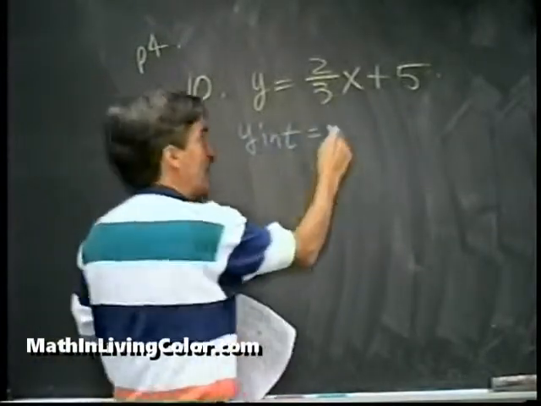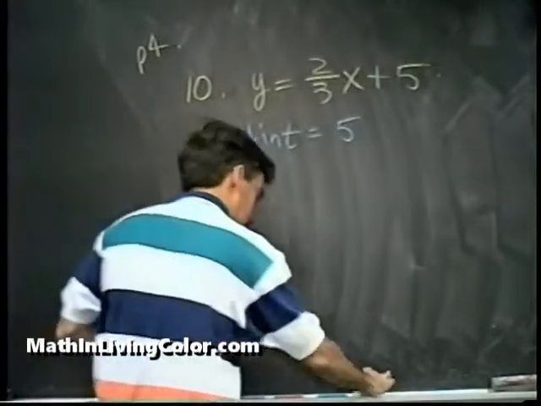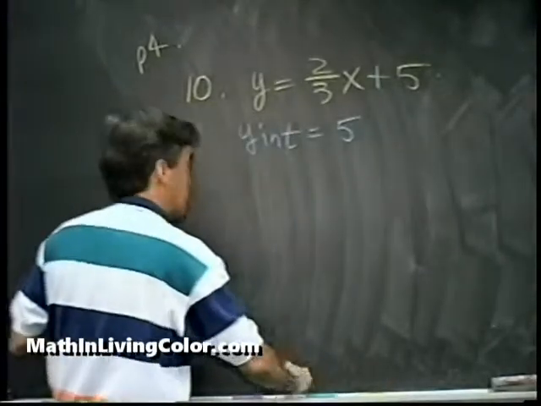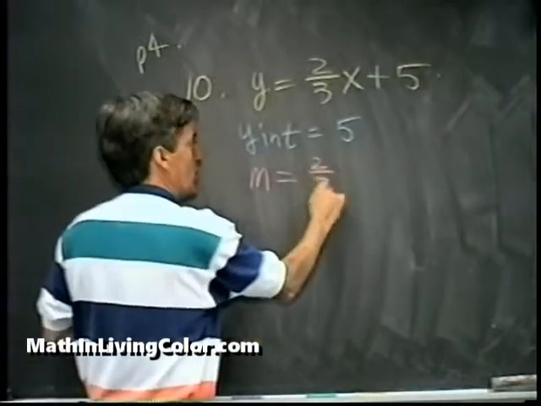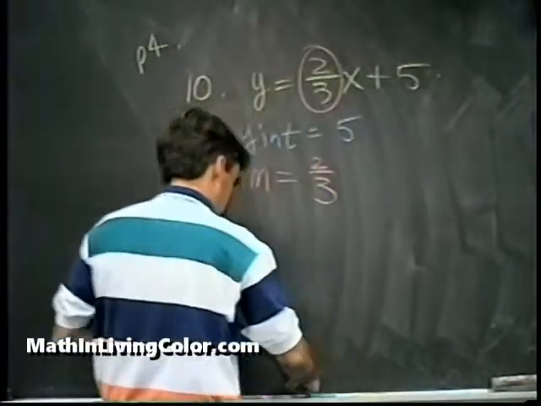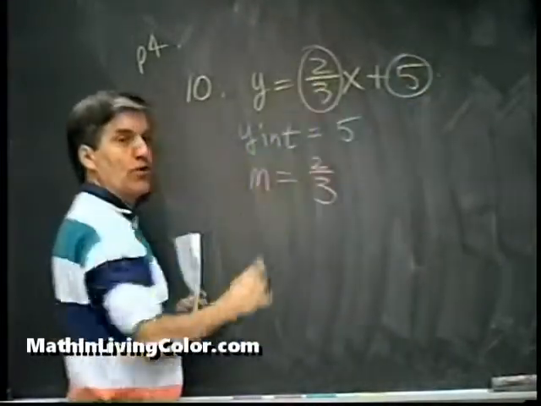Just by looking at it, 5. And now give me the slope. Let's use pink for slope. The slope would be 2/3. So in other words, the y-intercept is 5, and the slope is 2/3.